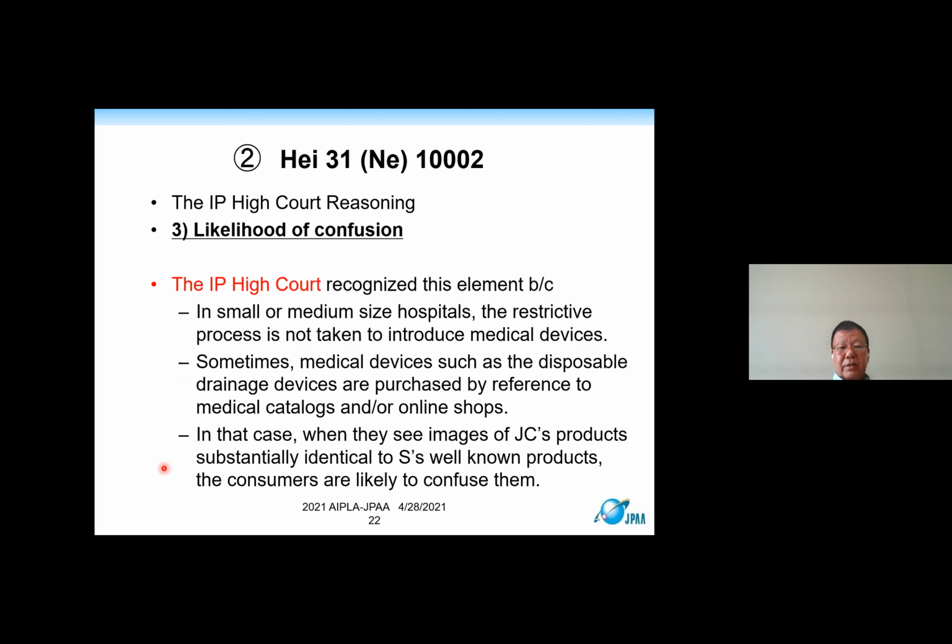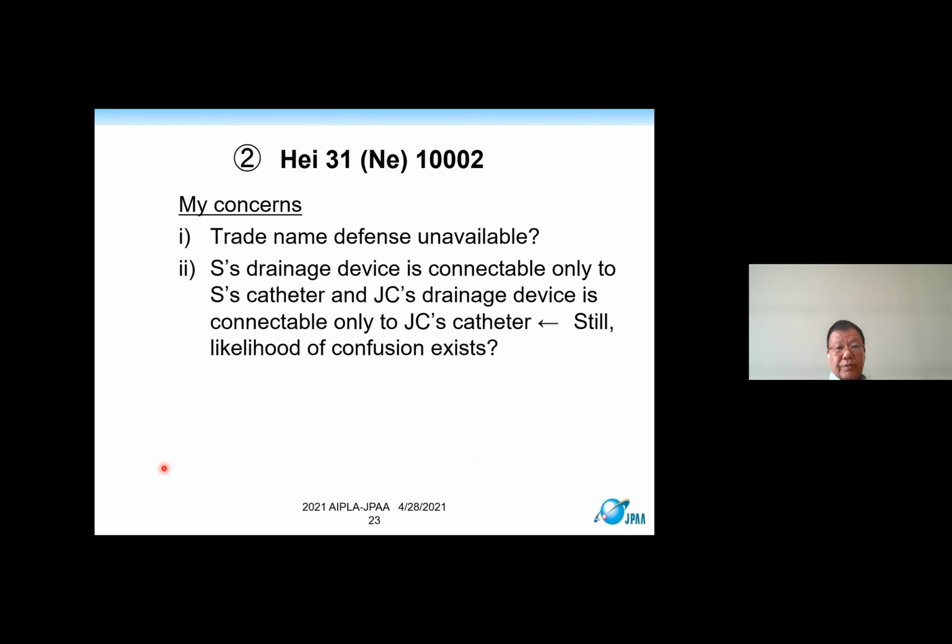So in this case, when they see images of Covidien products, substantially identical to Sumitomo's well-known products, consumers are likely to be confused. So the IP High Court took the position to recognize likelihood of confusion.